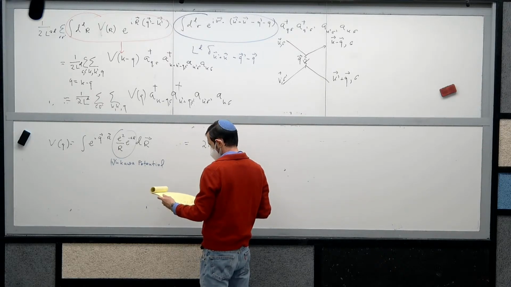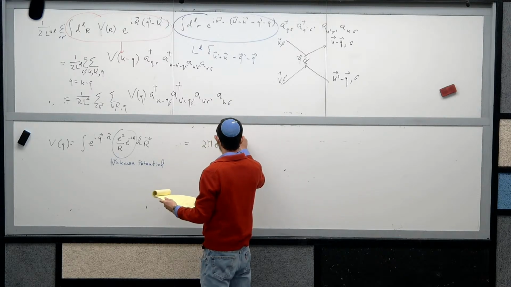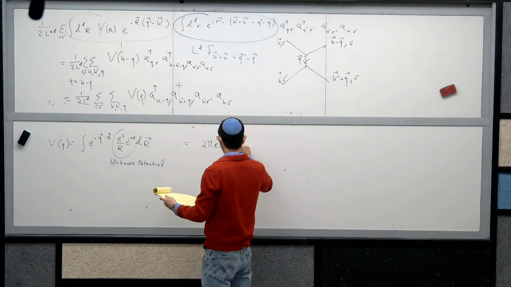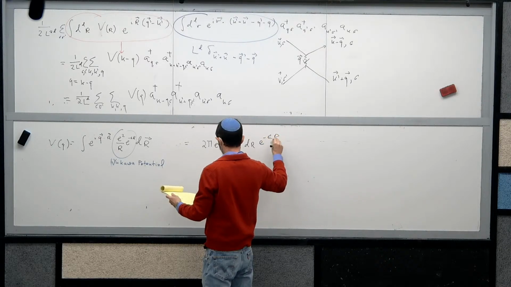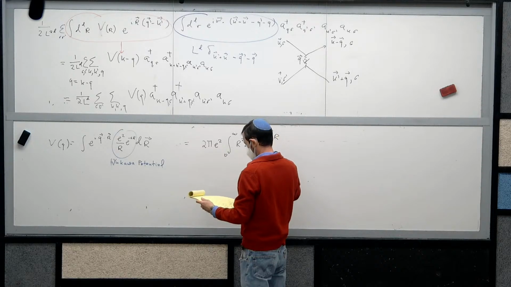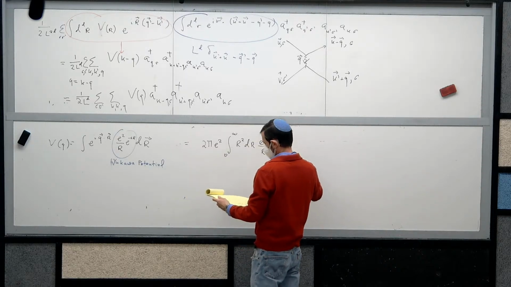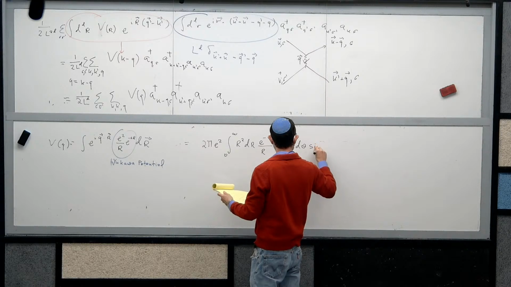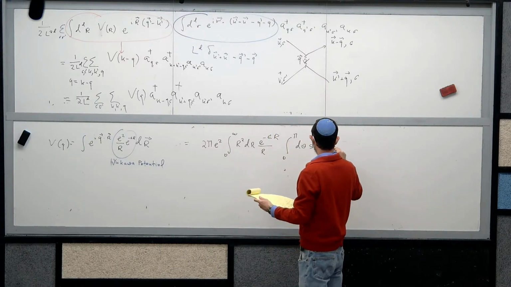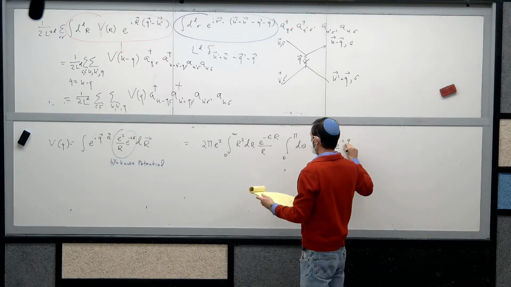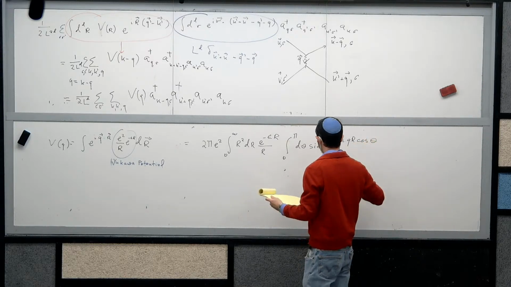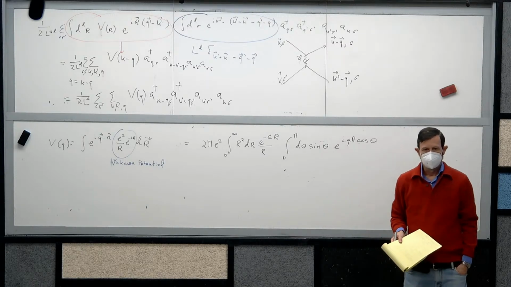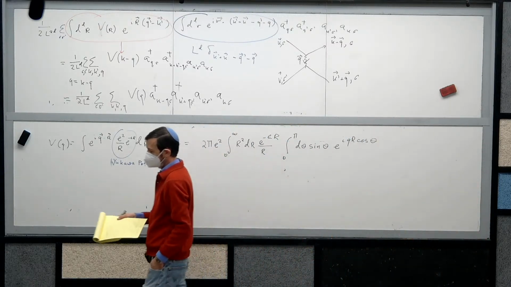So I'm moving to spherical coordinates. Okay, where does each term come from?